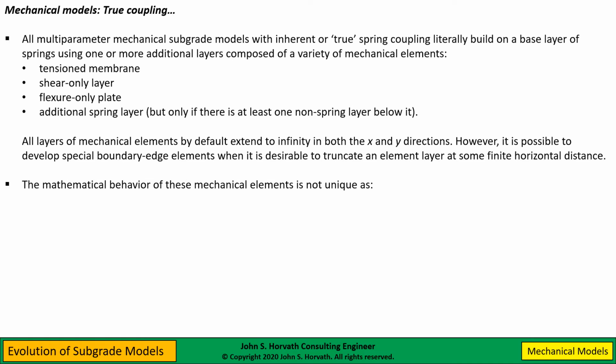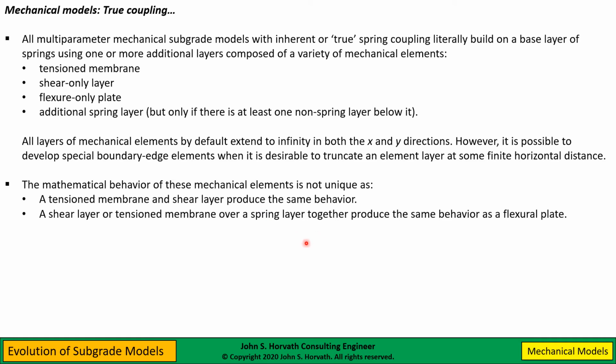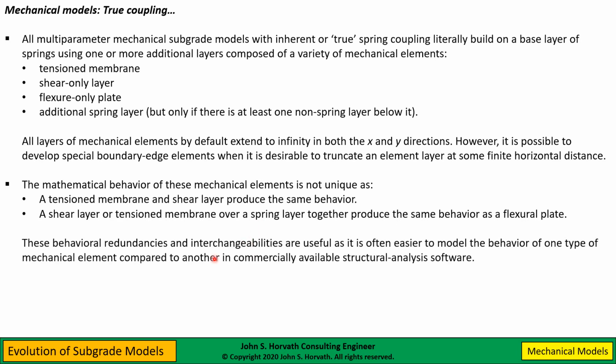The way these mechanical elements behave is not unique. For example, a tension membrane and a shear layer produce the same behavior. And by shear layer, I mean a layer that behaves only with shear, no flexure. In the same way, this flexure-only plate only has bending, no shear effects. Also, a shear layer or tension membrane over layer springs produce the same as a plate.